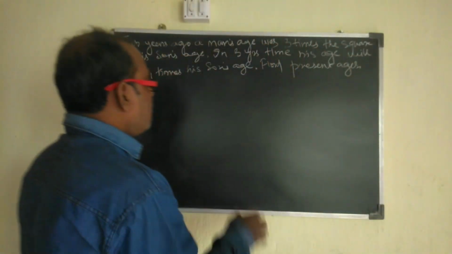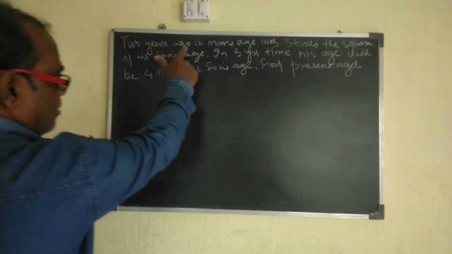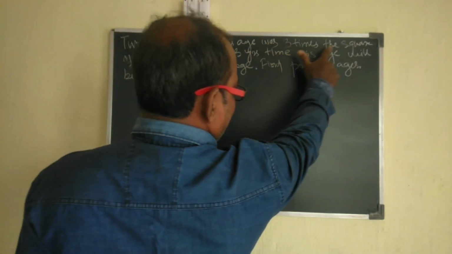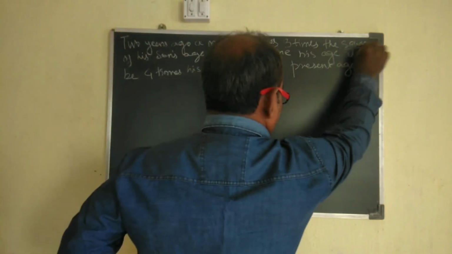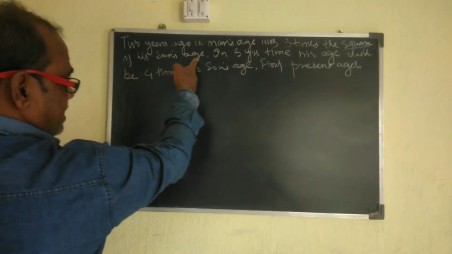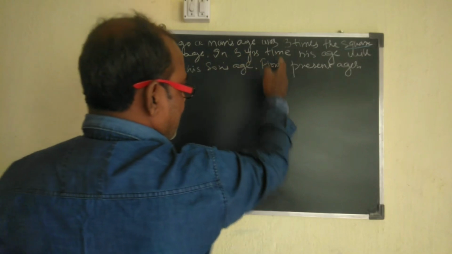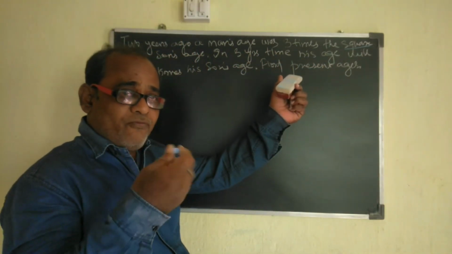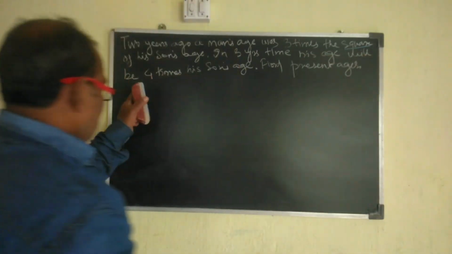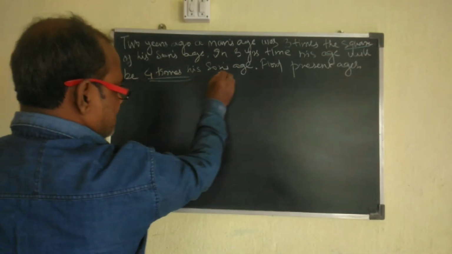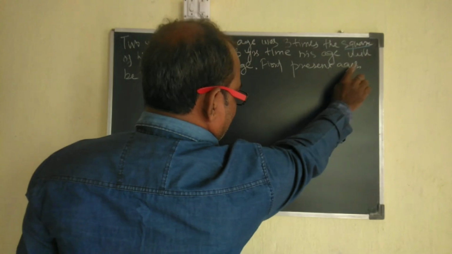Let me explain this problem. The problem says: 2 years ago a man's age was 3 times the square of his son's age. In 3 years time, meaning 3 years from now onwards, his age will be 4 times his son's age. Find the present age.